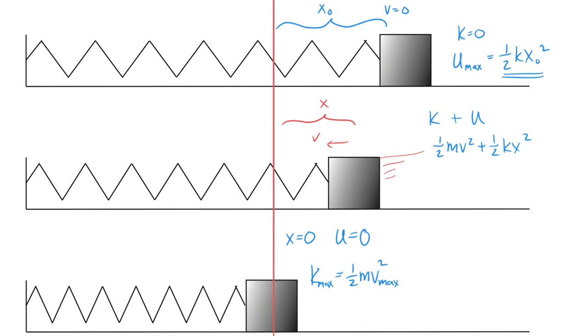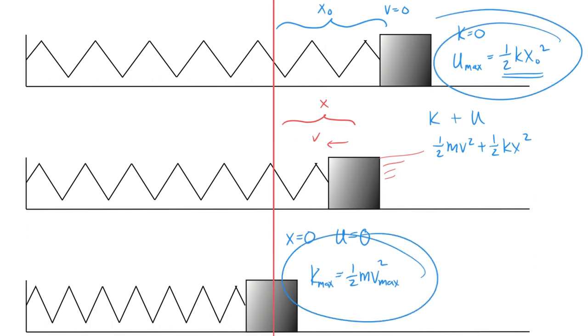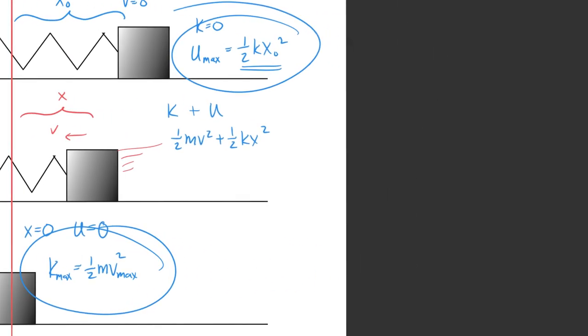This is the maximum amount of kinetic energy, right? Doesn't this have to equal the amount of potential energy we started with? So 1/2 kx naught squared equals 1/2 mv max squared.